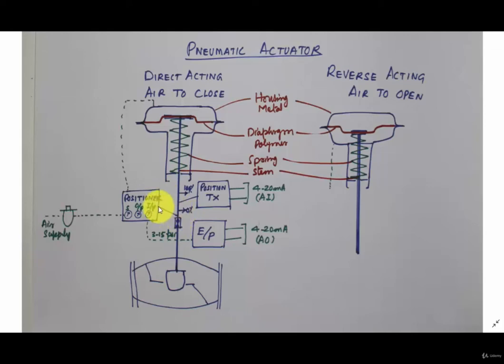So it takes the feedback position of the valve and compares it with the command, that is 3 to 15 psi, and ensures that the valve opens 50%. Until that time, it will keep applying this pneumatic signal to the diaphragm continuously without any interruption. When it reaches 50% of the valve position, this will be nullified and it will be balanced. So it is also working as a feedback mechanism.